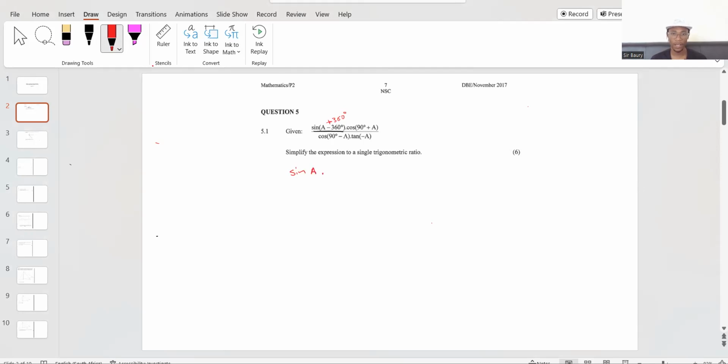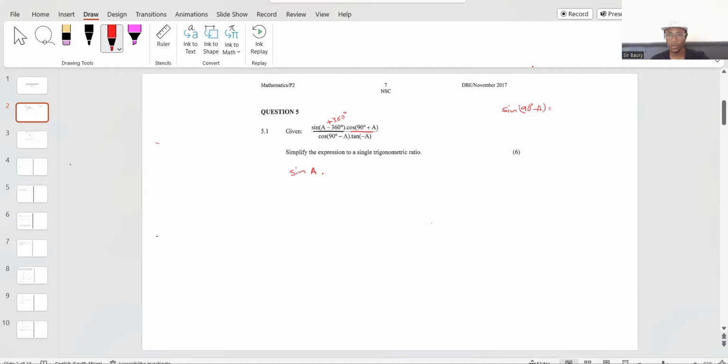Then looking at the reduction, we have a reduction here. So from the reduction formulas, you have sine (90 degrees minus A).